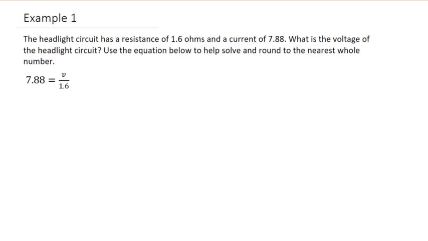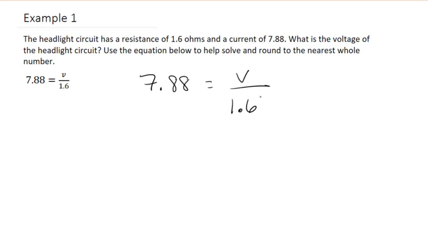Example 1. The headlight circuit has a resistance of 1.6 ohms and a current of 7.88. What is the voltage of the headlight circuit? Use the equation below to help us solve and round to the nearest whole number. So we have this equation we're going to rewrite.